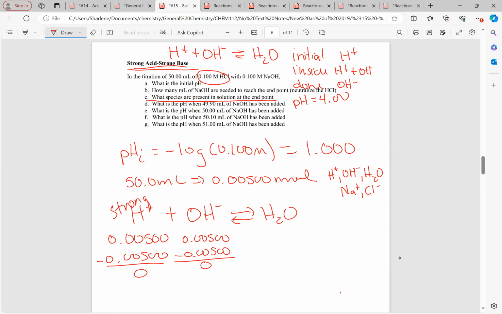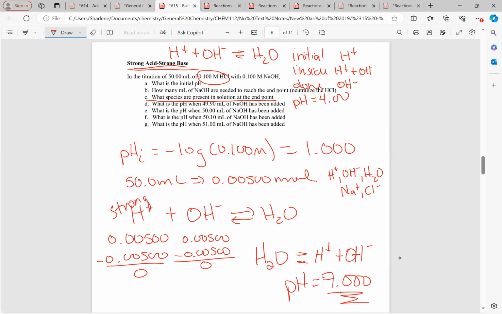And look, I don't care about the water, so I really have a concentration of 0. Well, you're not going to take the negative log of 0. We have water. Water will do what? And what is the pH of just water? 14. Thank you. So together, and it's 7.